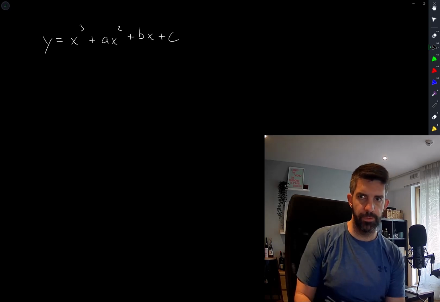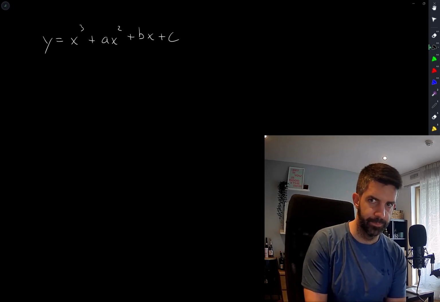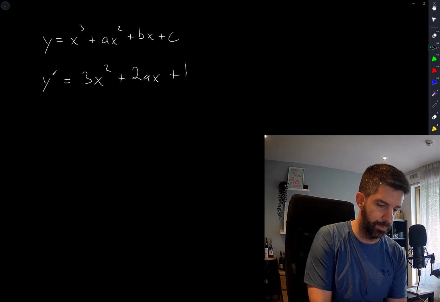Oh, well, no, I guess the value of c will kind of matter here. Okay, I will want a derivative, so that's going to be 3x squared plus 2ax plus b.